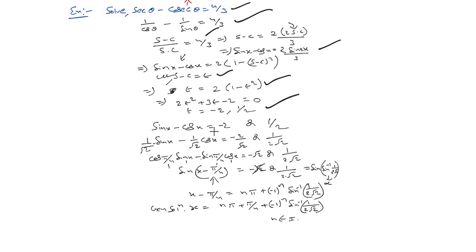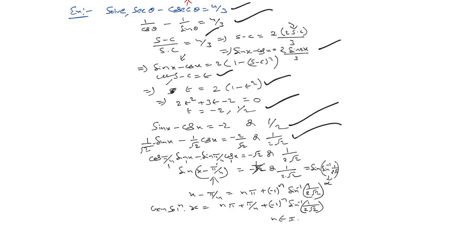So t is nothing but sin x minus cos x. So it is either negative 2 or 1 by 2. On both sides I have divided by root 2. Then I will get this. So it is nothing but the sin of a minus b formula, the sin of x minus pi by 4 formula.